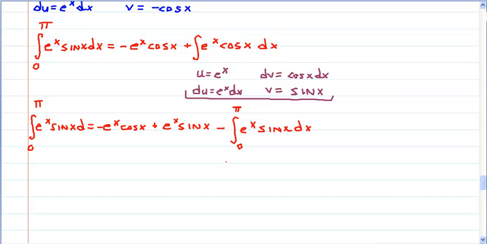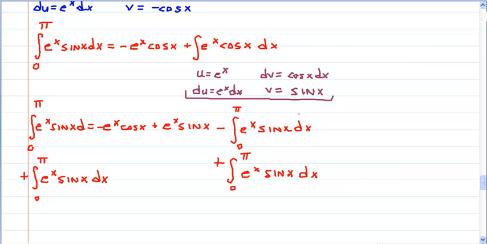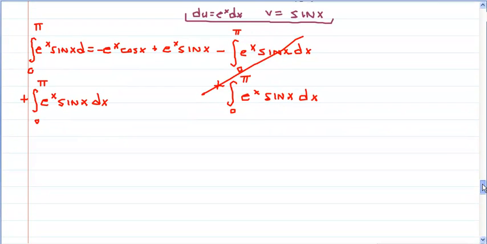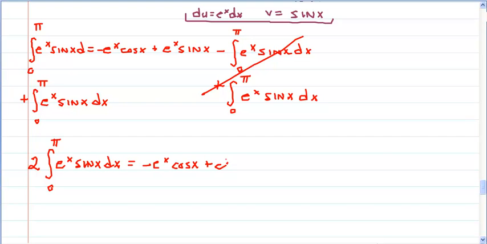But now this actually can be integrated, because if I add this integral to the left side of the equation, it cancels, and I have two of these same integrals, so it's 2 times the integral from 0 to pi of e to the x sine x dx equals negative e to the x cosine x plus e to the x sine x.